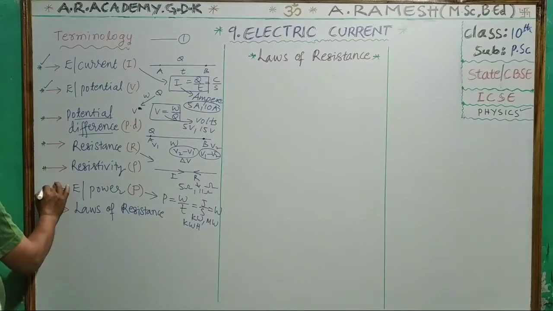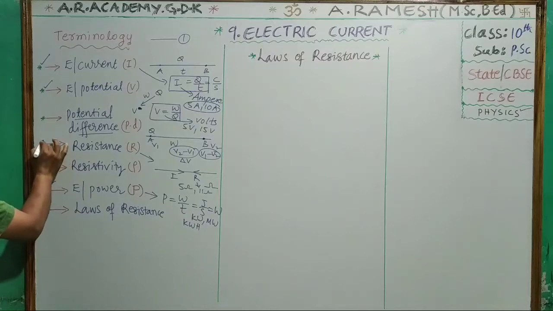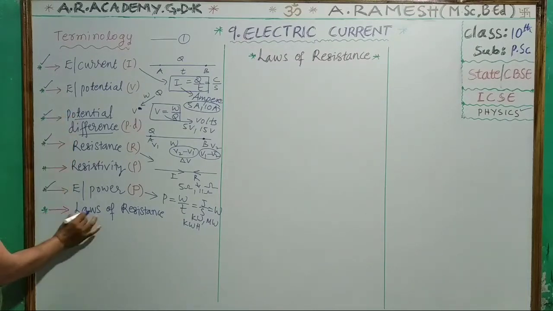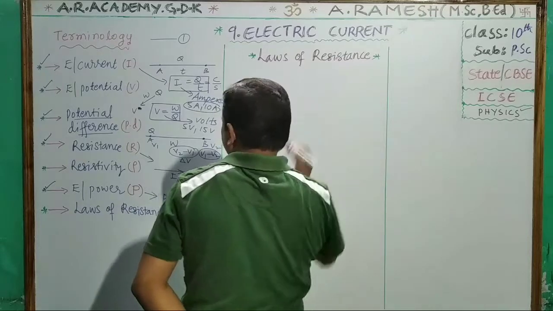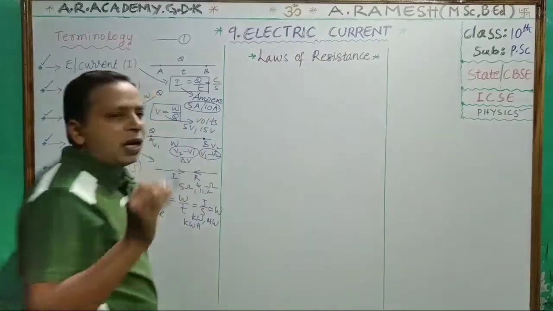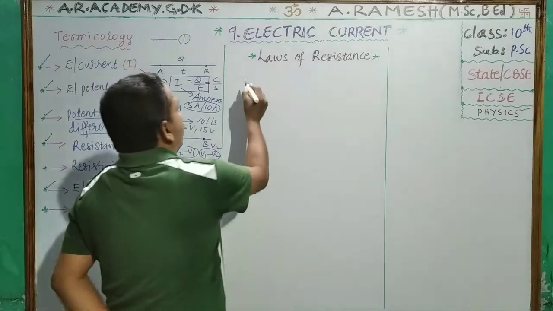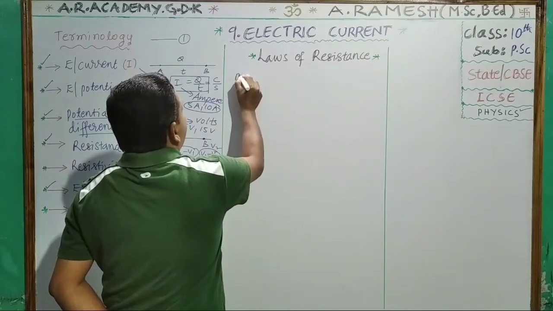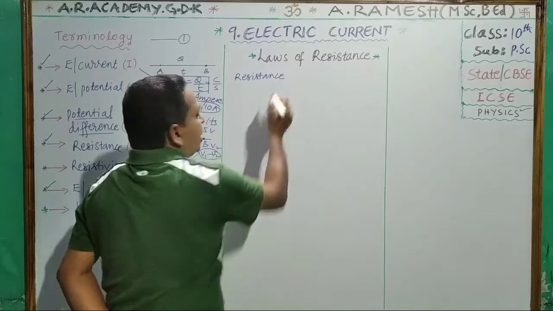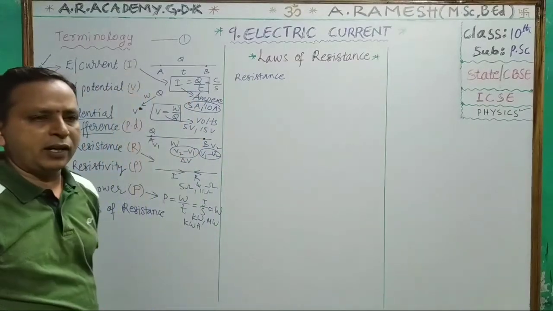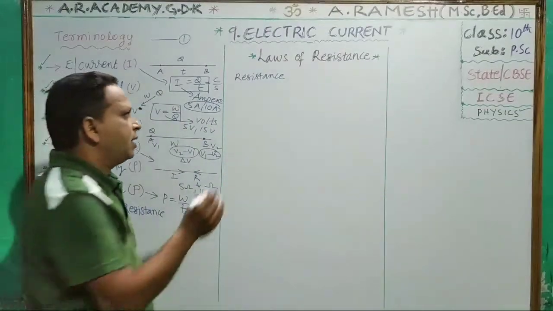And laws of resistance. Laws of resistance we will discuss now. Laws of resistance and resistivity we will discuss. Two laws of resistance are there. Resistance means what, children? Opposition to the flow of current in a wire or conductor is called resistance.